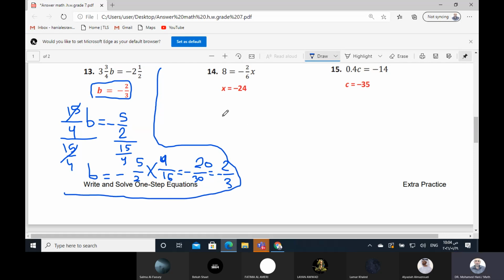Who can help me with exercise number 14? We can multiply by 2 over 6.